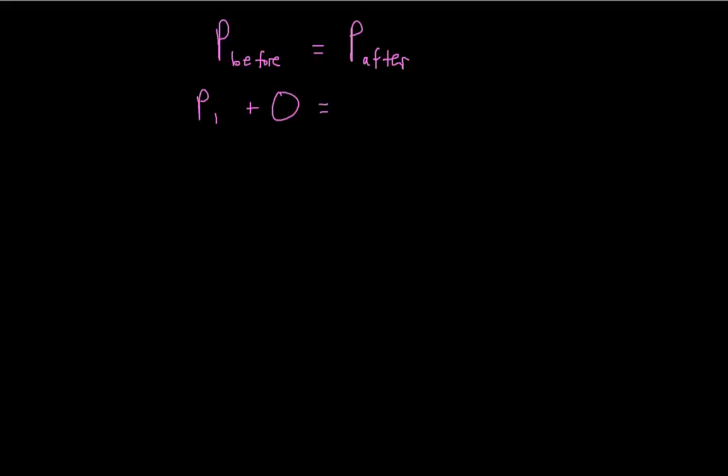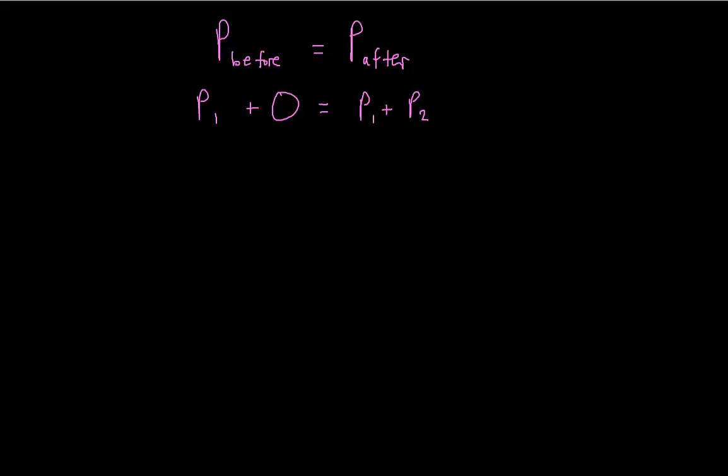The total momentum before the collision is the same as the total momentum after the collision. And before the collision, object 2 was not moving, and so since its velocity was 0, its momentum was 0. So before the collision, only object 1 had any momentum. And after the collision, they both have their own momentum.